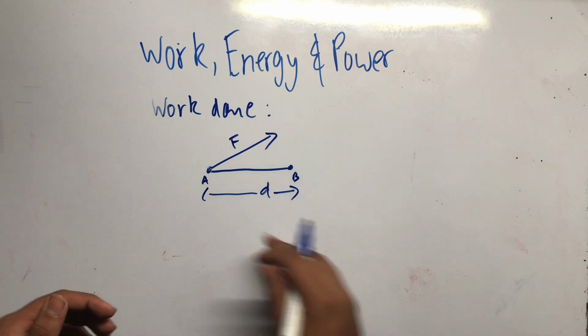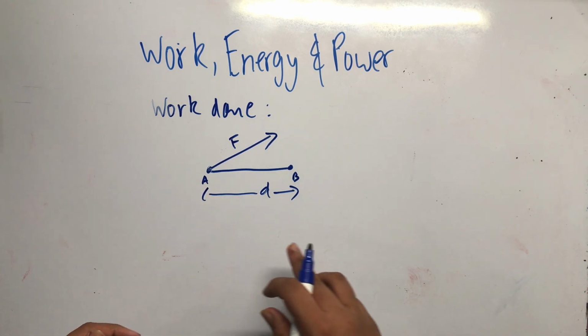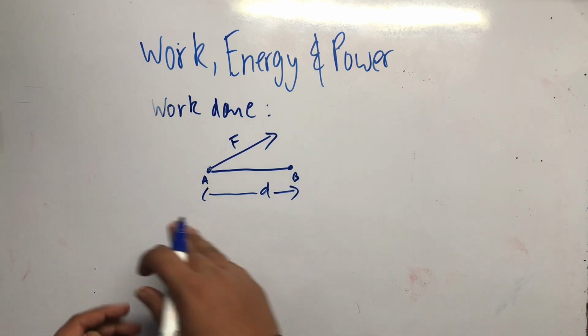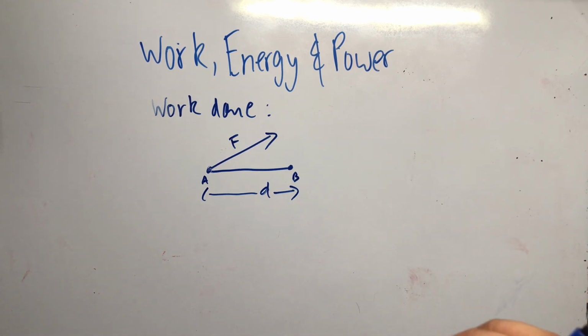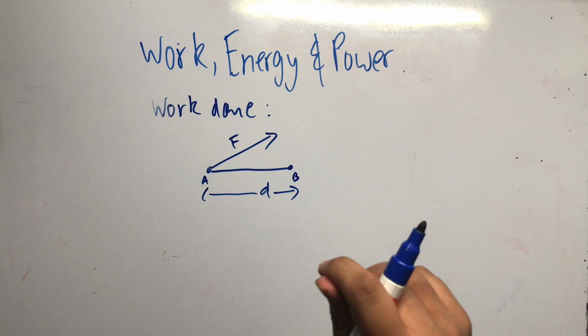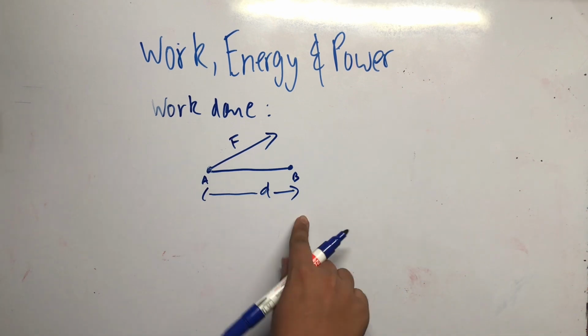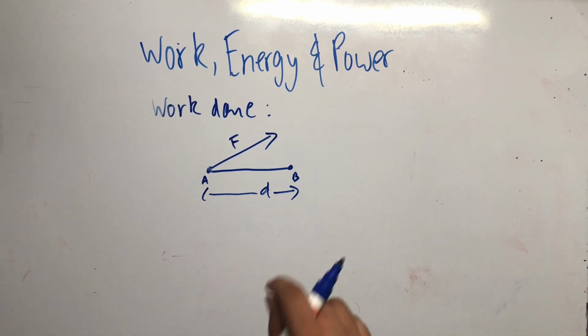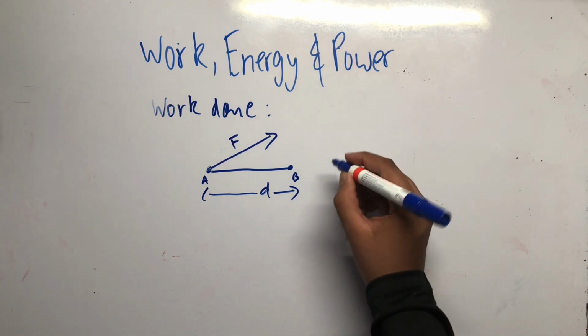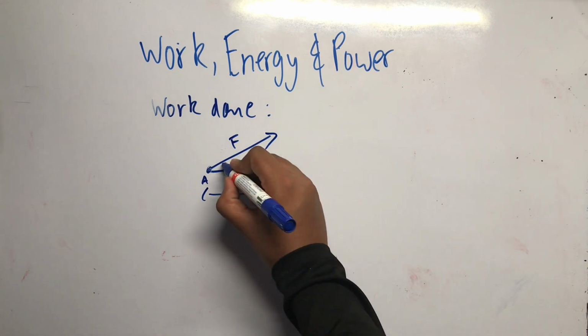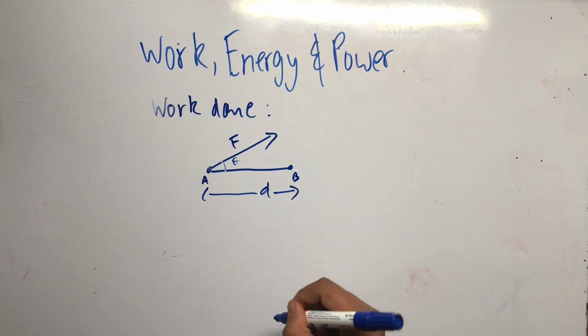And since the displacement of the particle has taken place in the x direction, the work done should equal the force in the x direction times the displacement of the particle in the x direction. So the force in the x direction and the displacement of the particle are parallel to each other. This is making an angle theta.